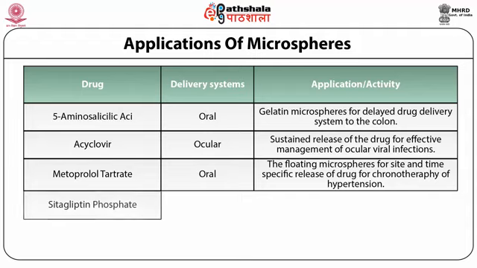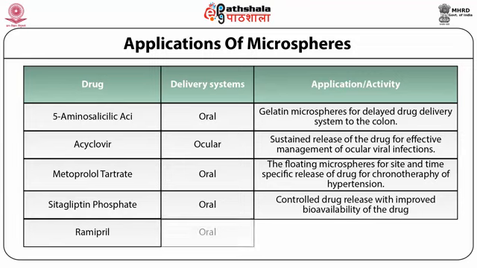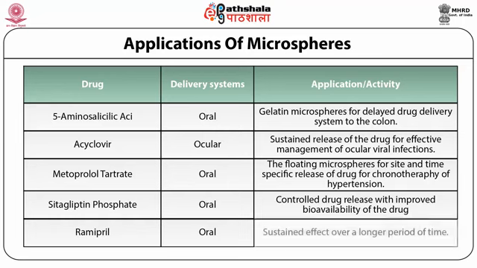Then we have sitagliptin phosphate, also given by oral route, available as controlled drug release with improved bioavailability in the form of microspheres. Then we have ramipril, also given by oral route, designed as a microsphere for sustained effect over a longer period of time.